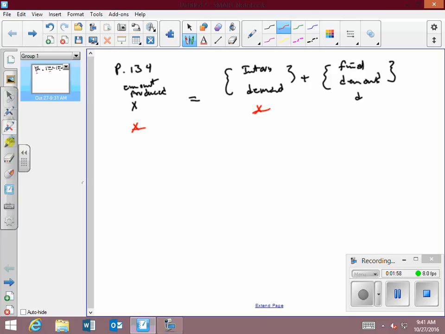And then this is the non-productive part. And when they measure an economy, when they measure GDP, gross domestic product, this is what they're measuring, the final demand, not intermediate. Because what's happening in an economy is all of these, the costs that are involved here are all included in the cost of the final good that's being purchased.